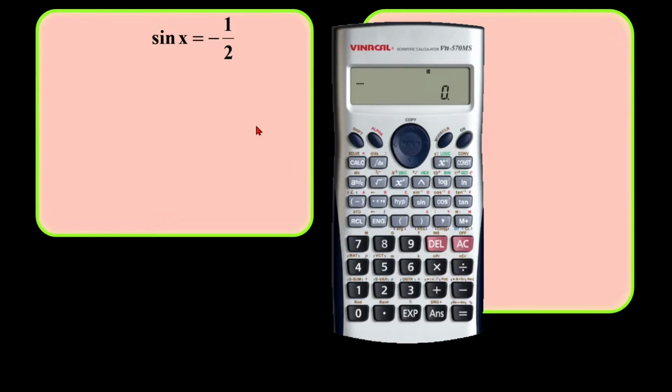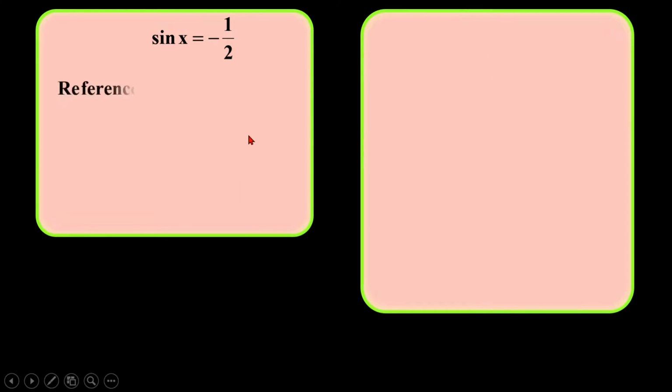Remember, we don't need the negative yet, and later when we search for the angle of x, then we need the negative. So now I'm going to press shift and then sine and then 0.5, 1 over 2. Then press equals to, so that will give me 30 degrees, but I want my answer in pi form, so my reference angle is going to be pi over 6.